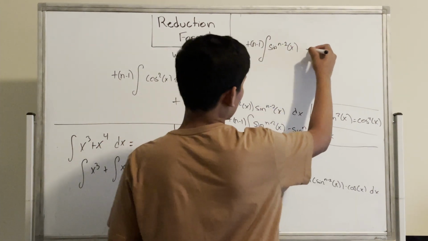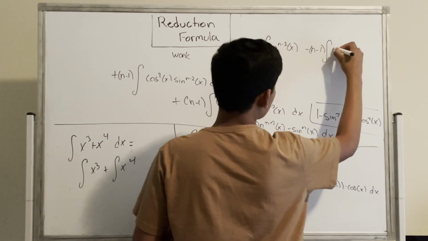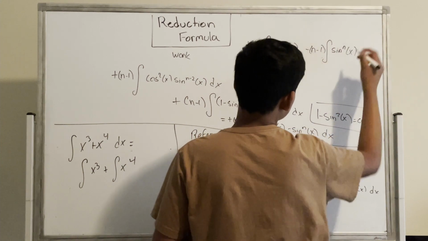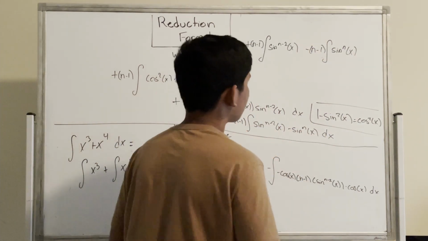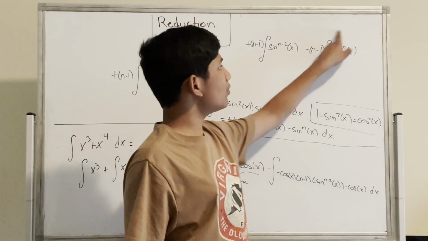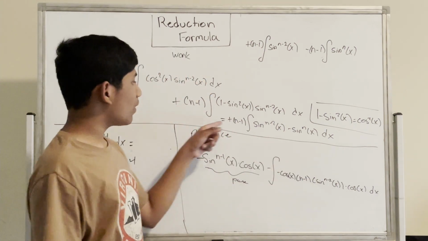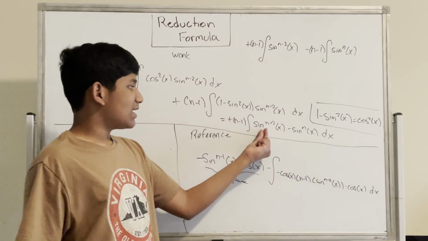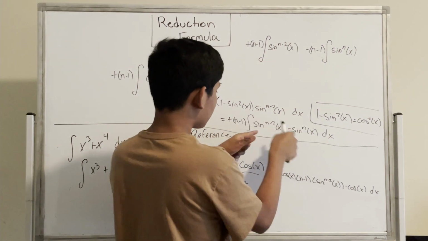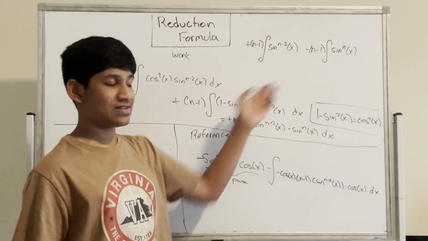Then minus n minus 1 the integral of sine n of x. Okay, as you can see over here, we have two different integrals. And why do we have the n minus 1 over here? Well, as you can see, we distribute this. So when we take this off, since this is supposed to be a common factor of these, we have to distribute it across the integral signs, and hence that's the reason they're over there.